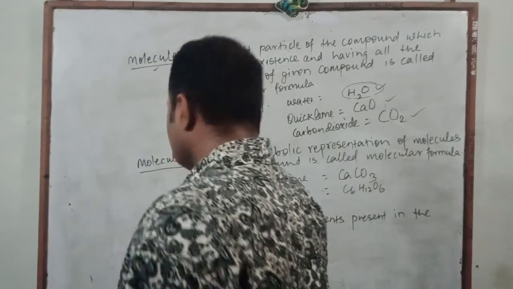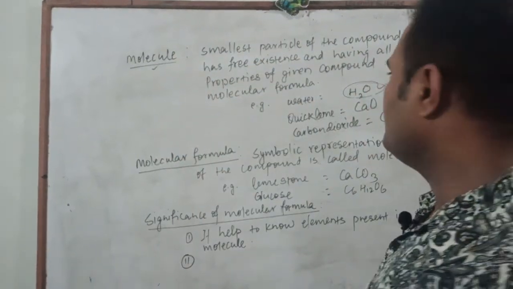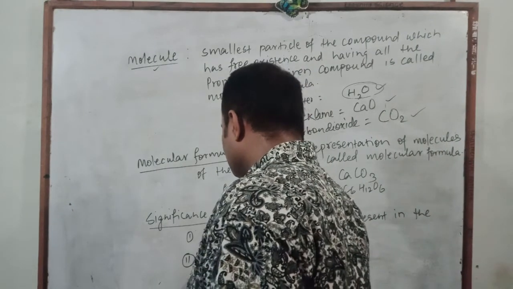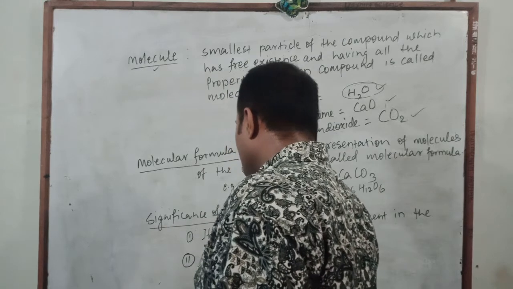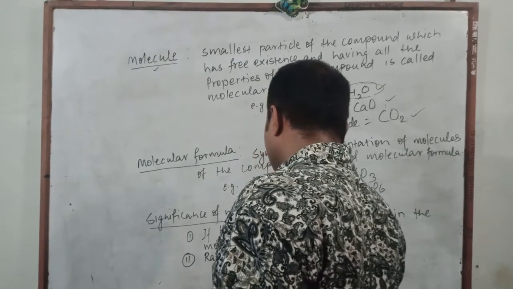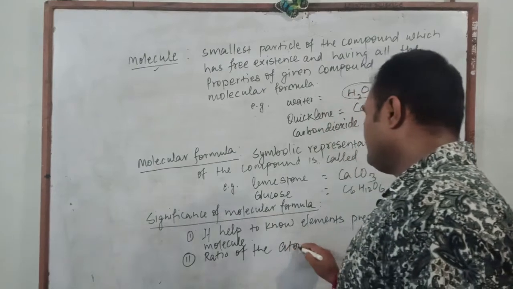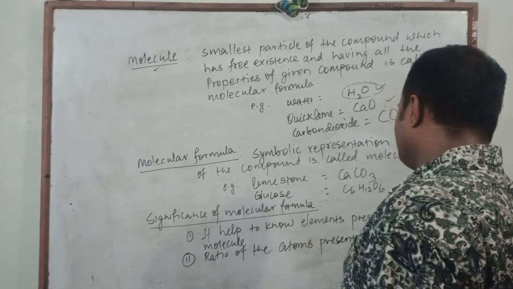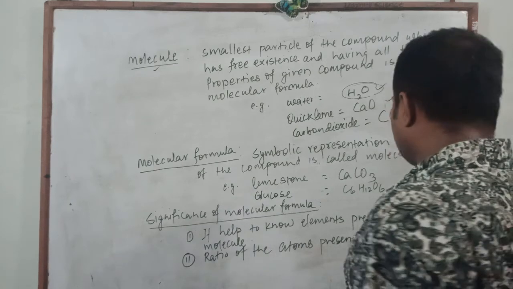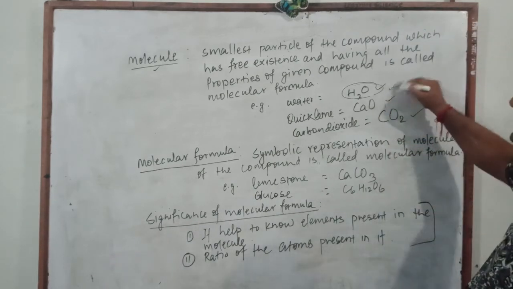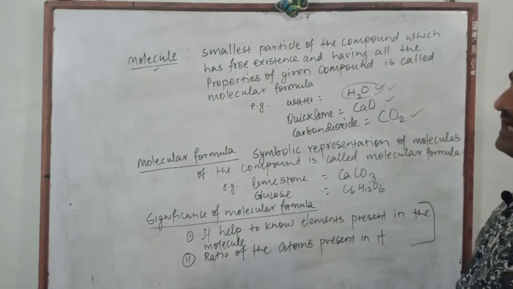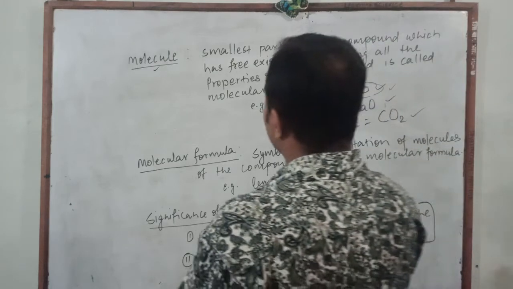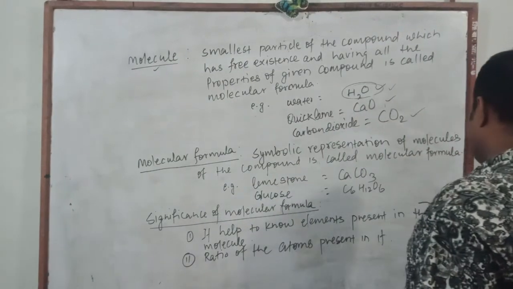Second significance from molecular formula, we know that ratio of the atoms present in it, and these two are related to which quality of elements are present, and therefore it is also known as qualitative significance of molecular formula.